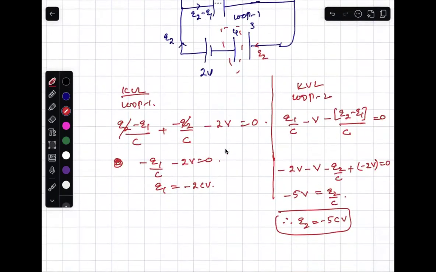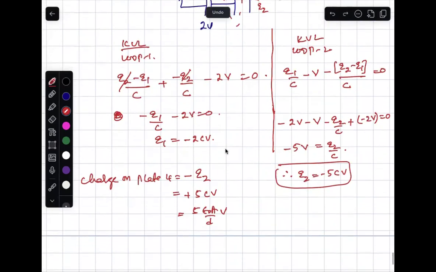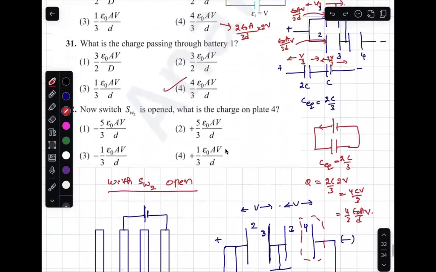Hello, minus Q2. Charge on plate 4 is minus Q2. So plus 5CV implies 5 times epsilon naught A by d into V. Any doubts? That's it. So that is the answer.